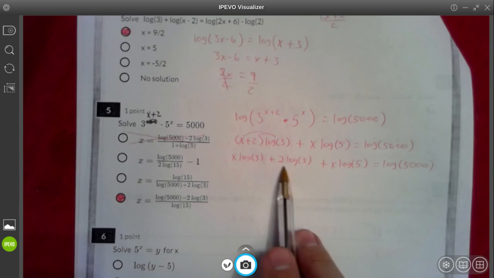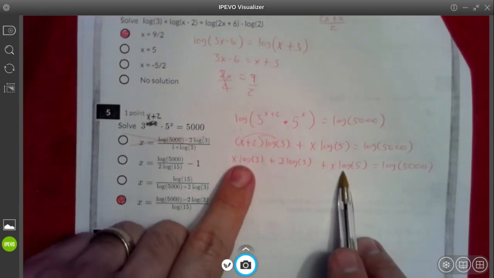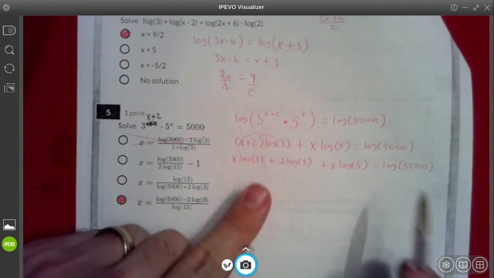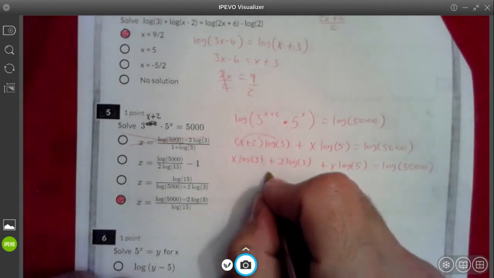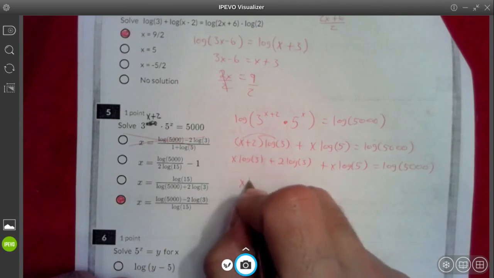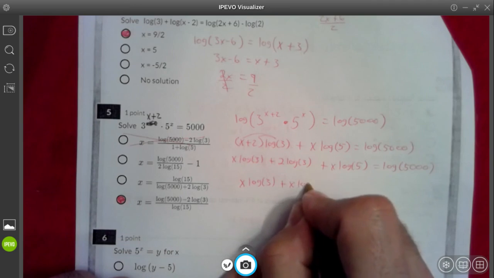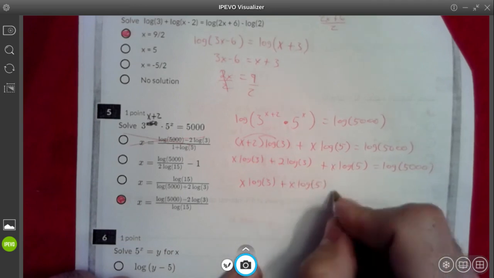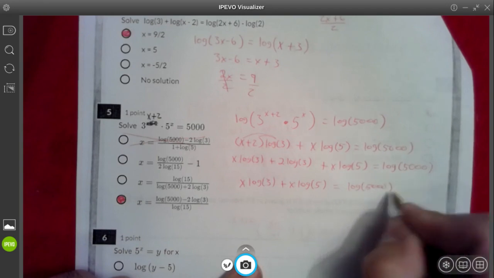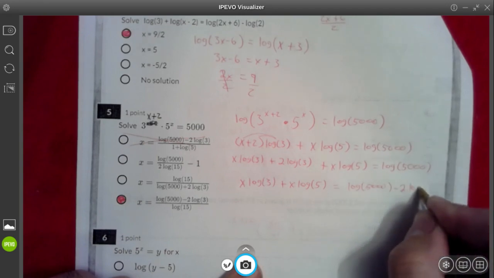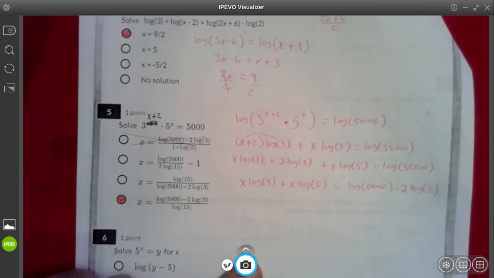All right, so I'm going to subtract this one from both sides because I want to keep these x's on the same side of the equation, but everything else I got to get rid of. So subtract 2 log 3 from both sides. That's going to leave us with x log 3 plus x log 5 equals log 5,000 minus 2 log 3, because I'm subtracting that one from that side.